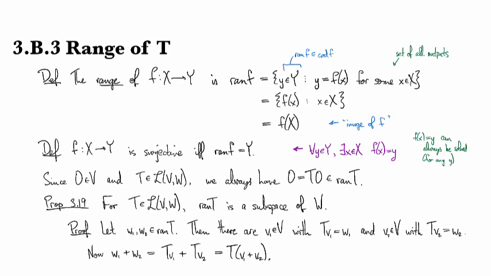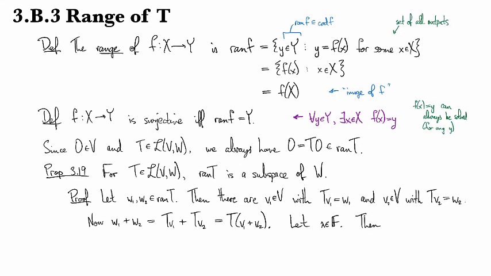Okay. And if I let lambda be a scalar, I need to check lambda times w1, and I want that again to be back in the range. So to be in the range, this needs to look like T of something.